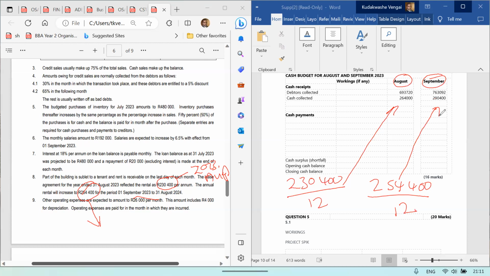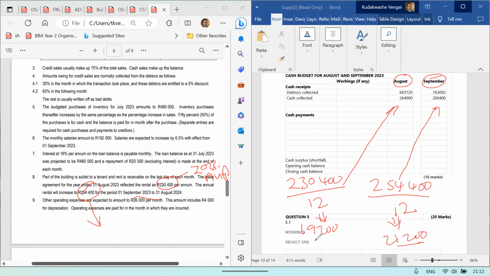Divided by 12. So this one is 19,200. Then the other one, 254,400 divided by 12 is 21,200.